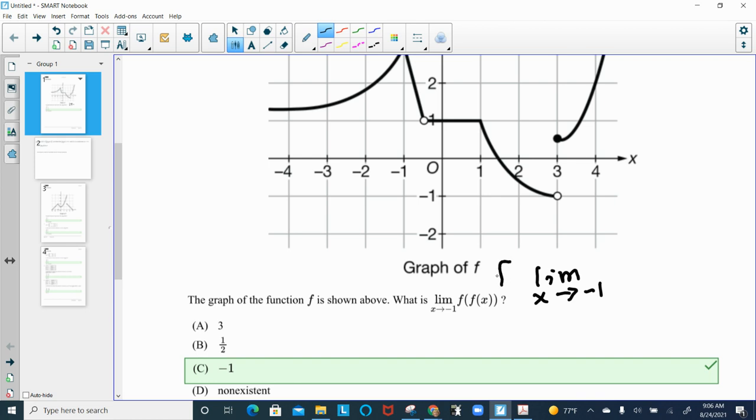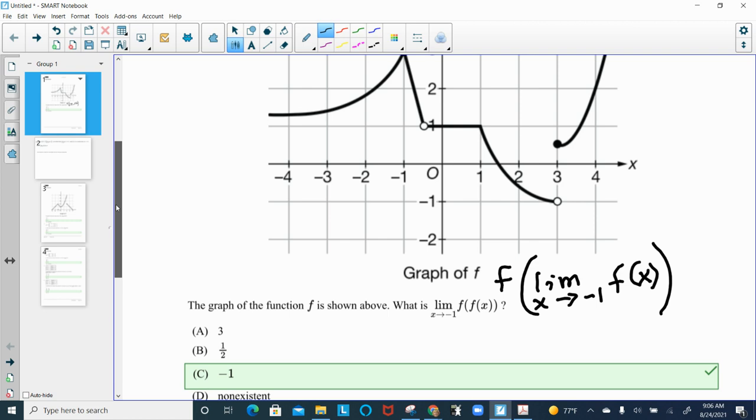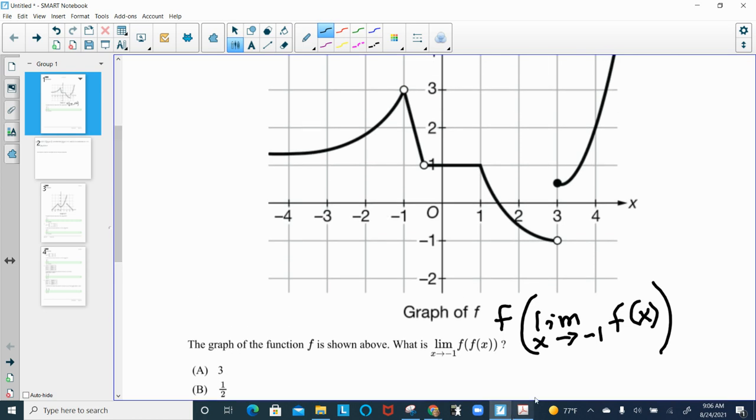And I were to put that inside. Okay, so the limit as x approaches -1 of f of x. Well, if I tried to put -1 into here and do a direct substitution, we would find out that that does not exist, right?